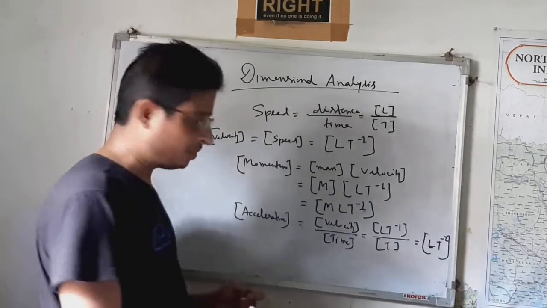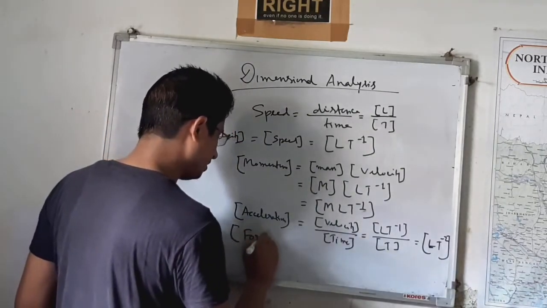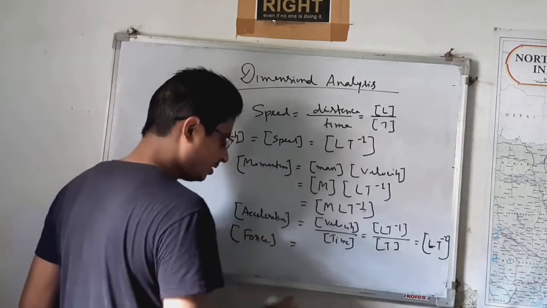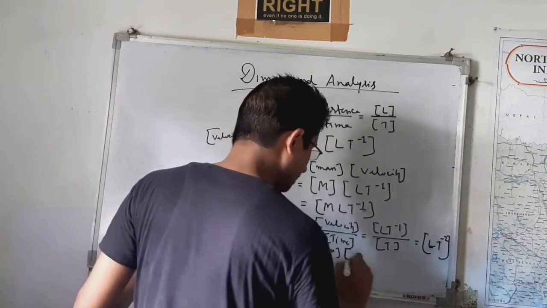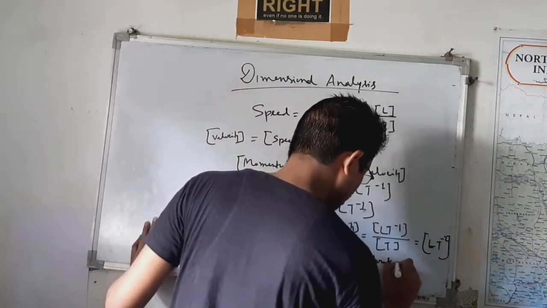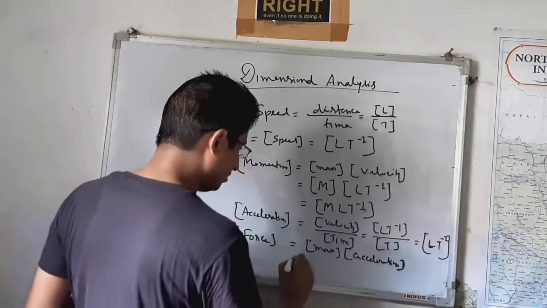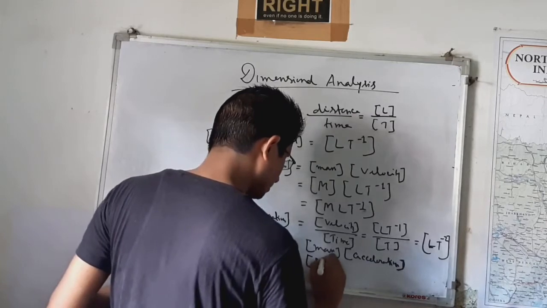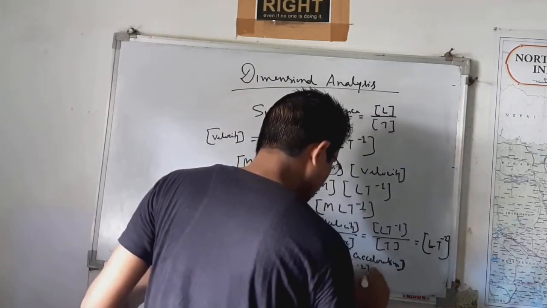Now we can express the dimension of force. Dimension of force equals the dimension of mass into the dimension of acceleration. The dimension of mass is M, the dimension of acceleration is L T to the power minus 2.